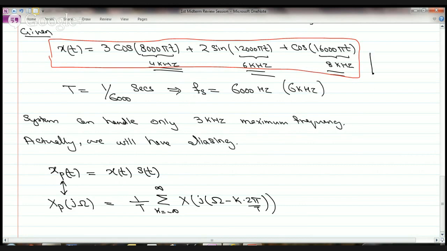So this was the aliasing plot, if you remember. The mapping is that up to half of the sampling frequency, so 3 kilohertz, the output frequency is exactly the same. At 6 kilohertz, your output frequency is 0. At 9 kilohertz, this is the input, and it keeps on going.